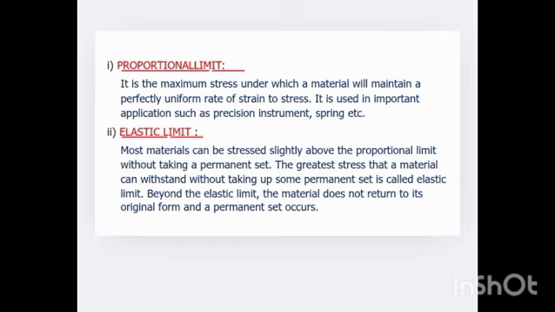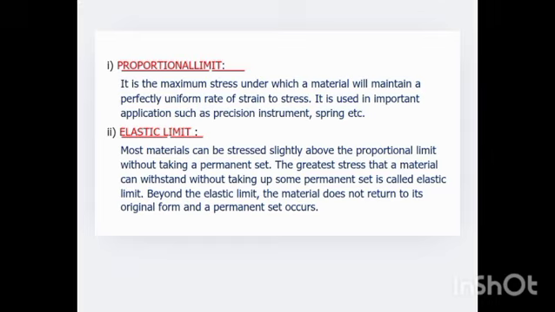The first point is proportional limit. The proportional limit is the maximum stress up to which the strain and the stress are directly proportional. This means the material follows Hooke's law in this region. And elastic limit.